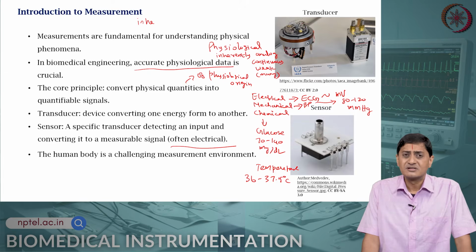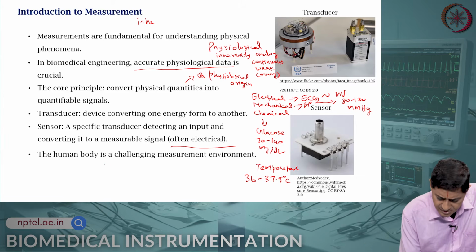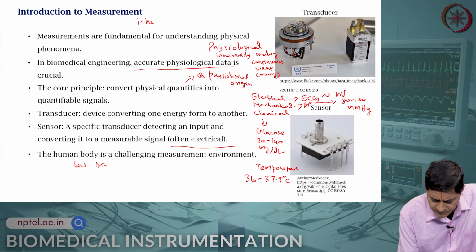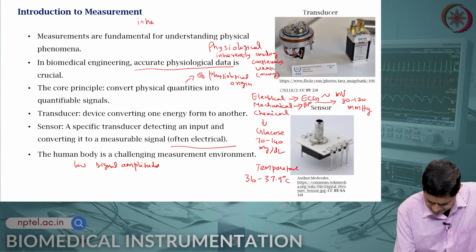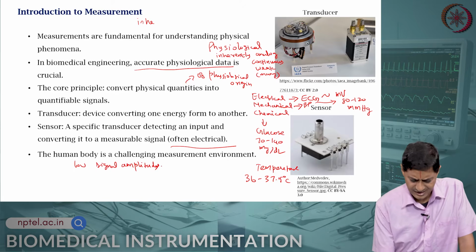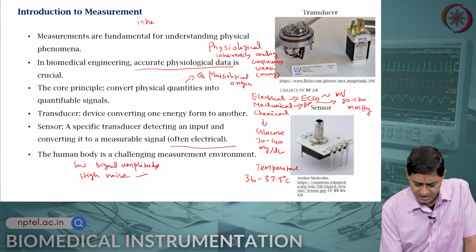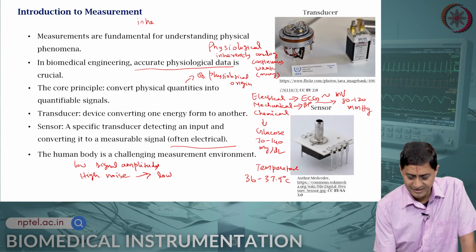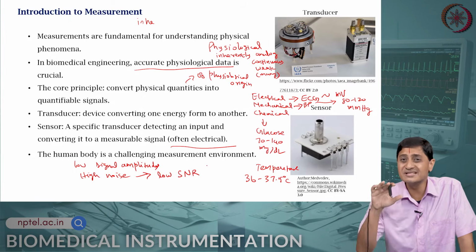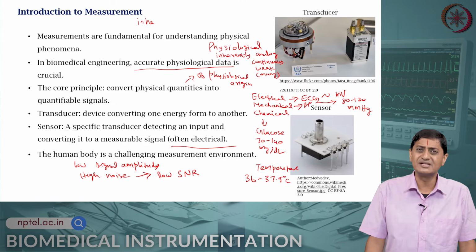The human body is indeed a challenging measurement environment, but why? Because of low signal amplitudes. In many cases this is actually true, not in all cases. Noise is generally high, which means what? High noise and low signal amplitude mean, from basic electrical engineering knowledge, that the SNR, or signal to noise ratio, is in many cases relatively low.